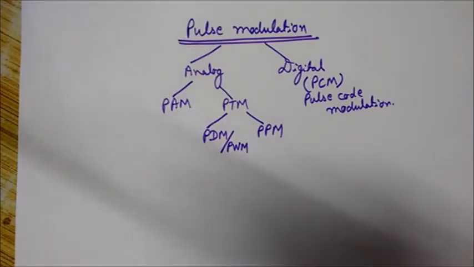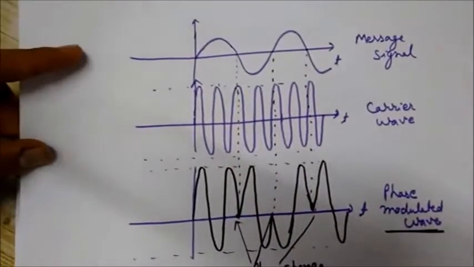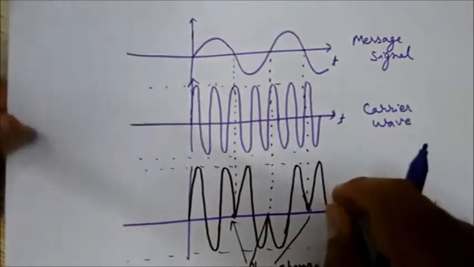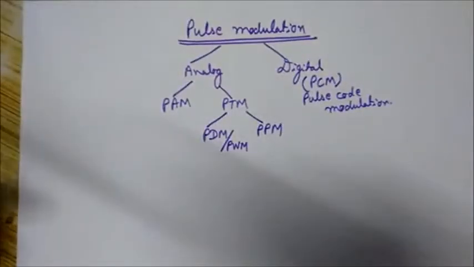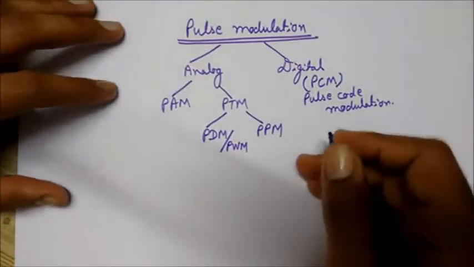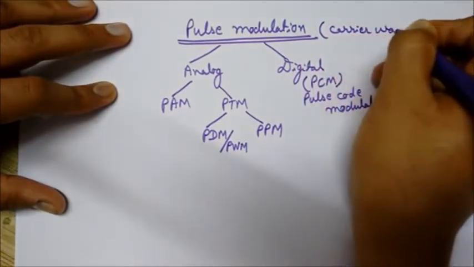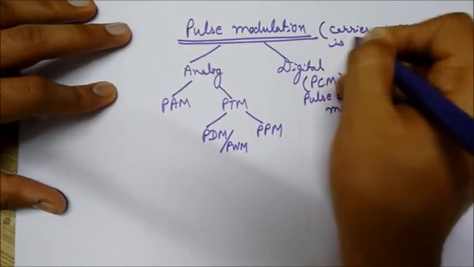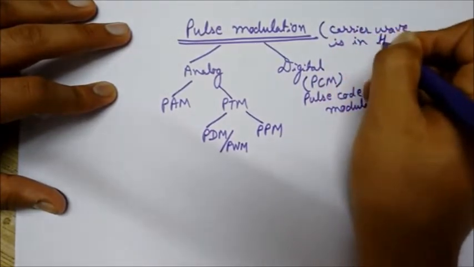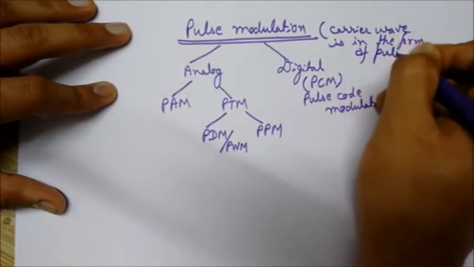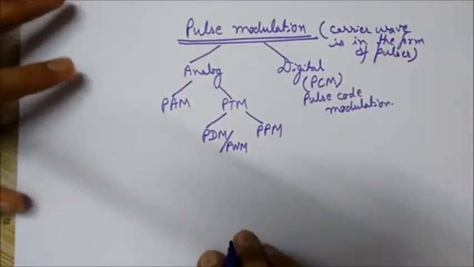You have seen that this is the carrier wave, and it was continuous in nature, not in pulses, but in this case it will be in the form of pulses. So in pulse modulation the carrier wave is in the form of pulses.